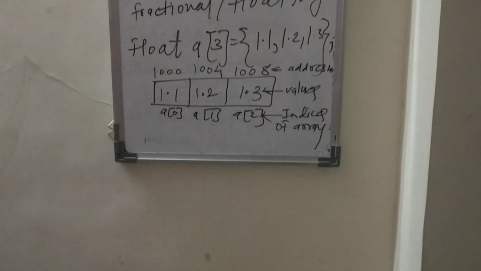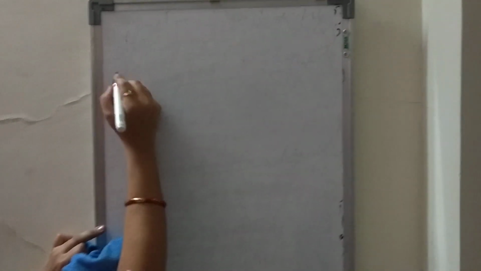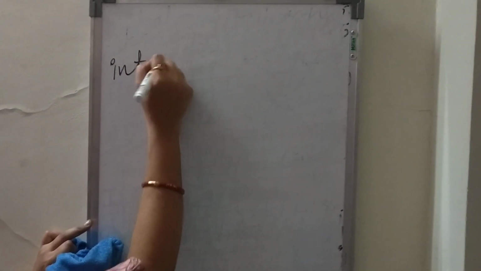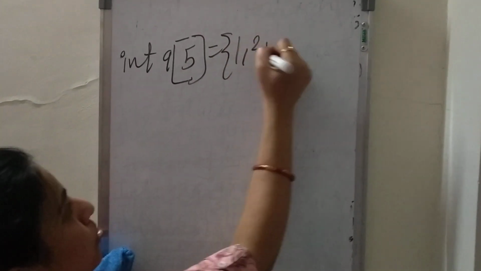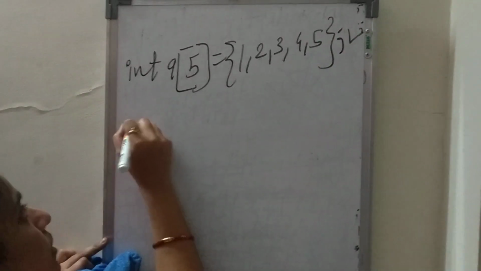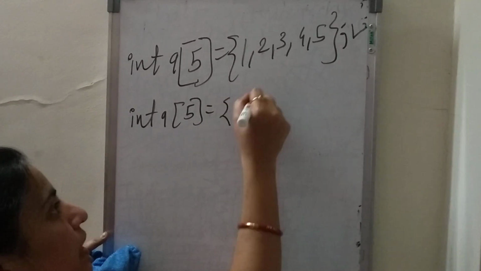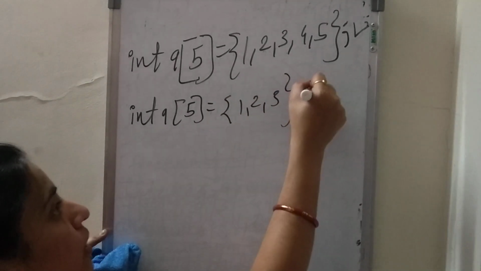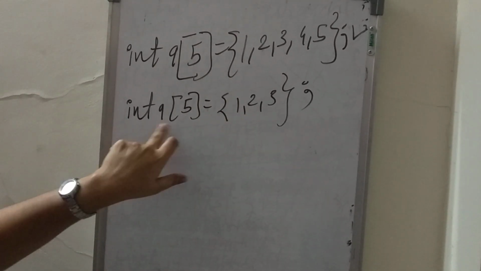Now we will discuss some initialization points regarding one dimensional array. So look here very carefully. I can initialize array like a of 5 is equals to 1, 2, 3, 4, 5. So this is correct method. Second is int a of 5 is equals to 1, 2, 3. Though the size is 5, I can initialize only 3 elements inside a of 5.